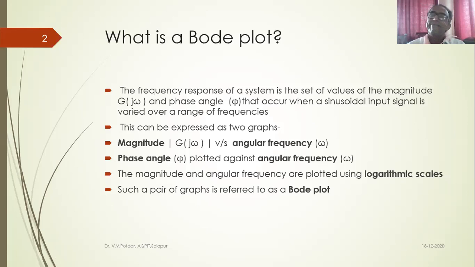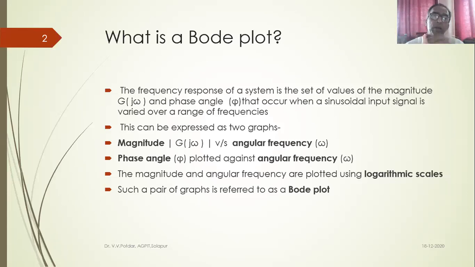And what else? I can convert a large number into a small number. If I have a frequency scale from 1 to 10,000 and I use a regular decimal scale, I require a very long, big graph paper to accommodate the values from 1 to 10,000. Now if I convert it into a logarithmic scale, what happens?